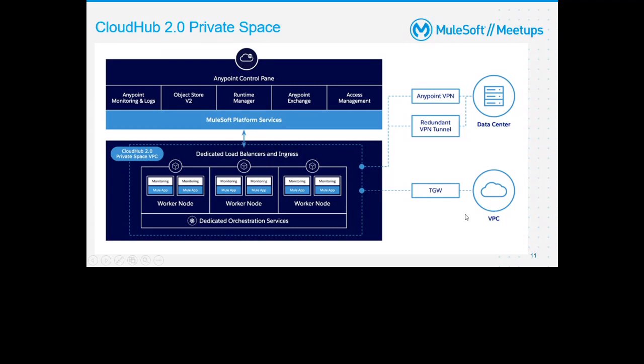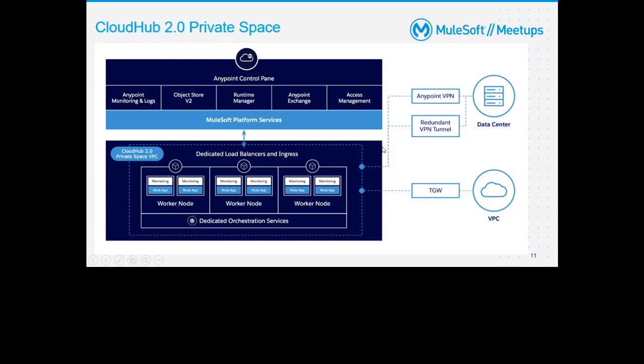If the client wants to access the resources available in an AWS VPC, then I can set up the transit gateway between CloudHub and the VPC, and then we can easily access these things. In this format, the URL is like the application and the API name, then domain.com. We'll get the URL in this way in the private spaces.